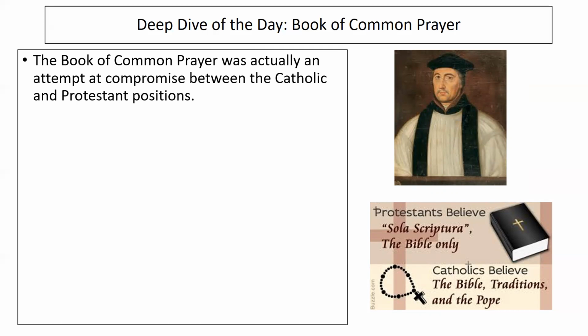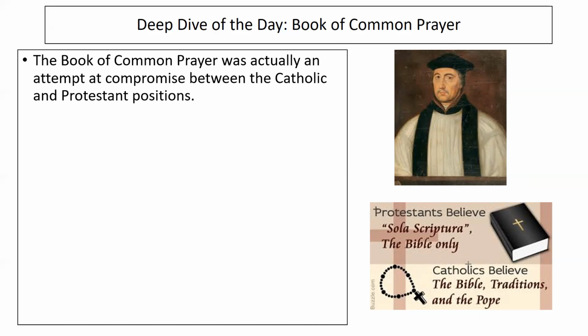So if you don't listen to the Pope, you're essentially not listening to God, so you are not a Christian. Whereas Protestants had the exact same view of Catholics, where they said, hang on, you're listening to the Pope, who is just a person on earth, instead of listening to God, which of course you listen to him through the Bible. So you guys are not real Christians. So they're both convinced that the other side is terrible and the other side is evil and the other side is not really Christian.